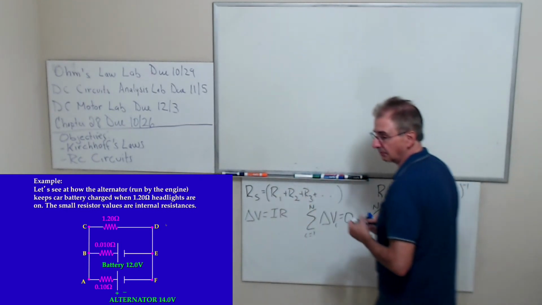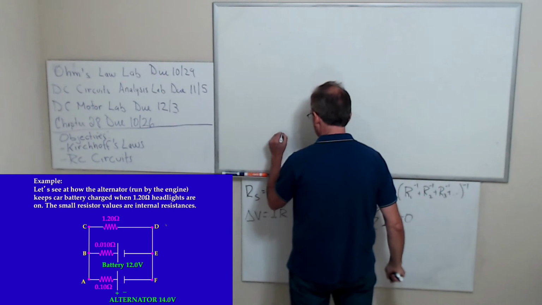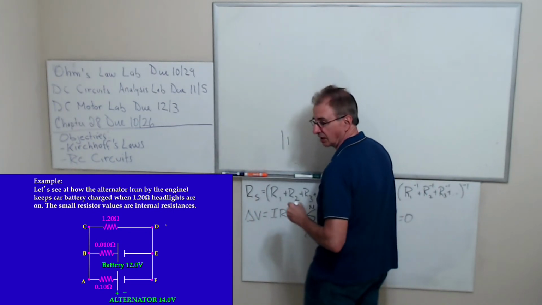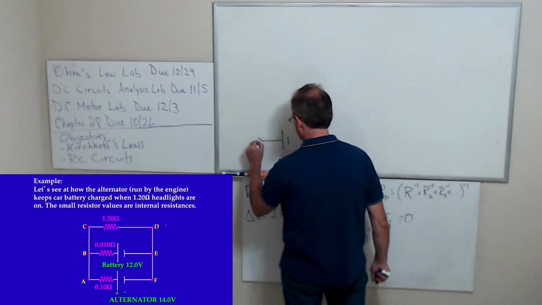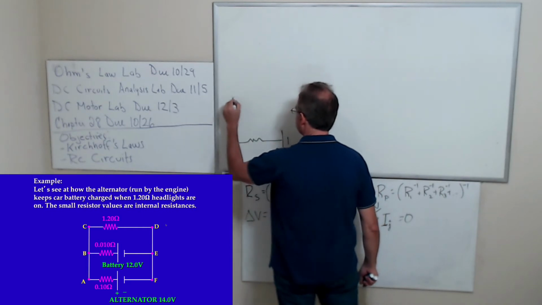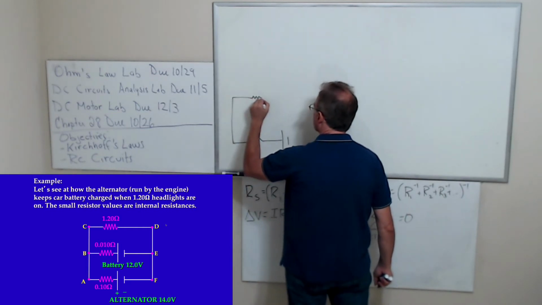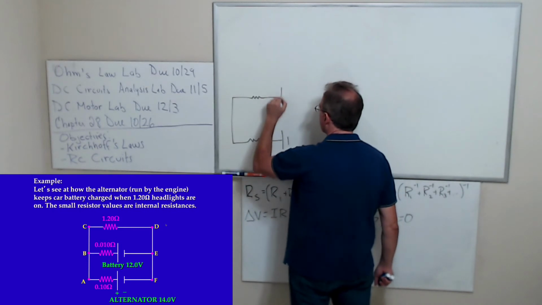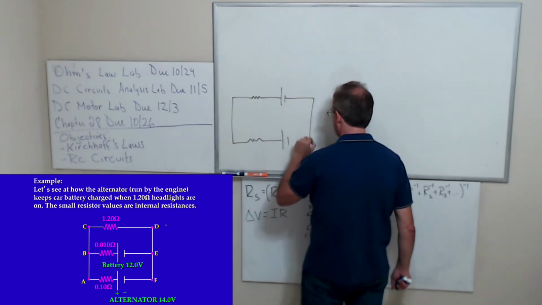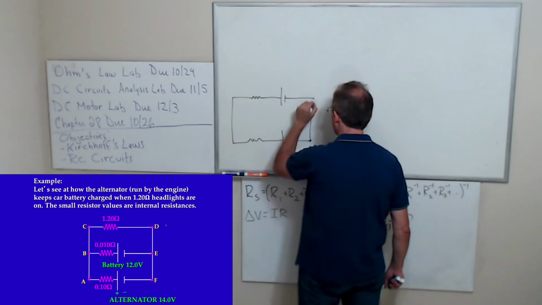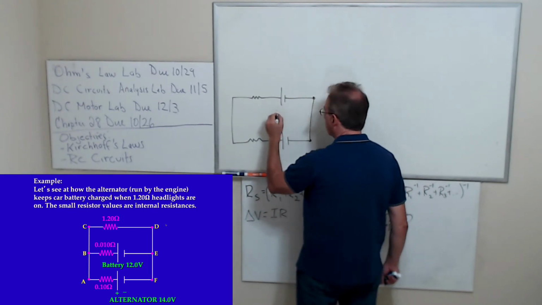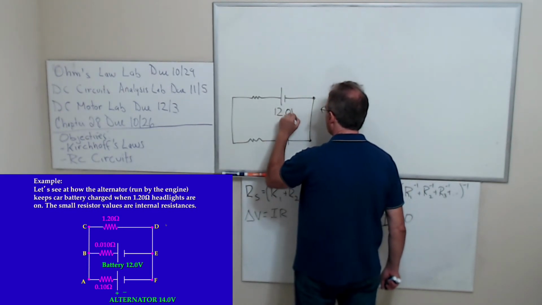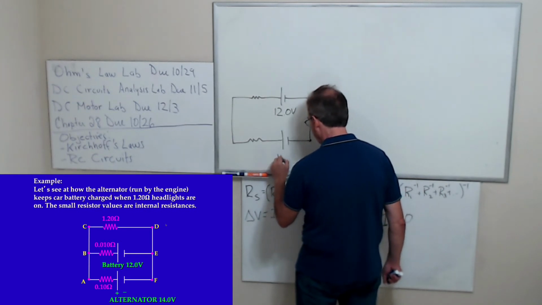All right, so let me draw my circuit. This is something you would see in your car. This is your car battery. This is the voltage across your alternator.